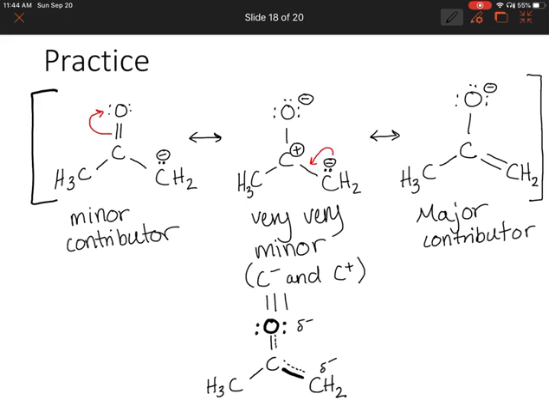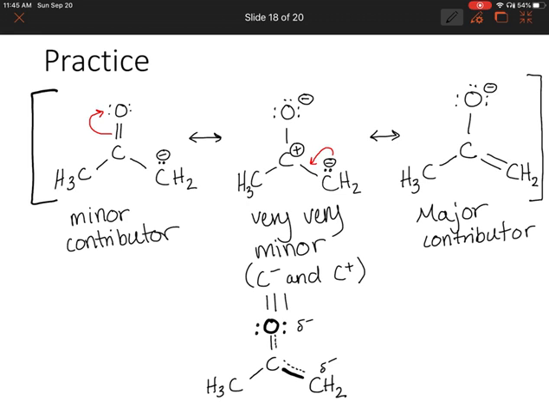The carbon and the oxygen do share that negative charge, but the oxygen is more likely to be negatively charged. Okay, so the resonance structure in the middle with the two charged carbons, because it is very, very minor, we typically don't include it when we're drawing resonance structures.